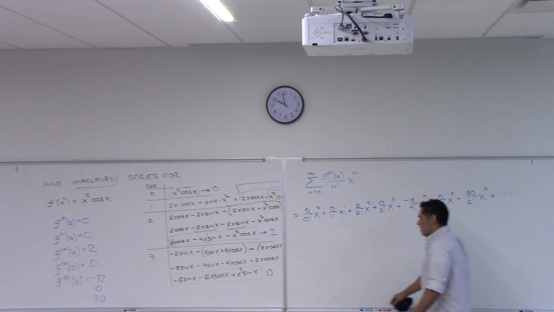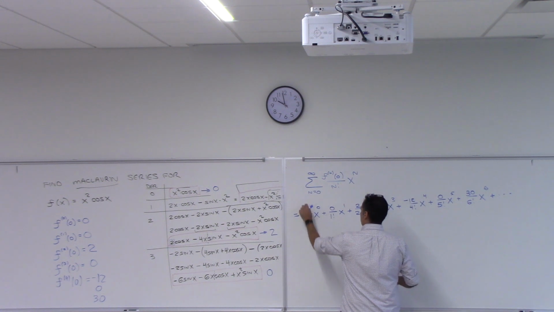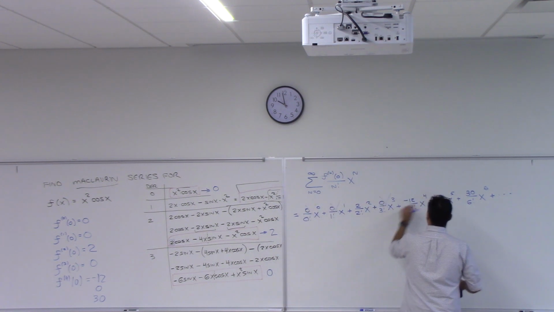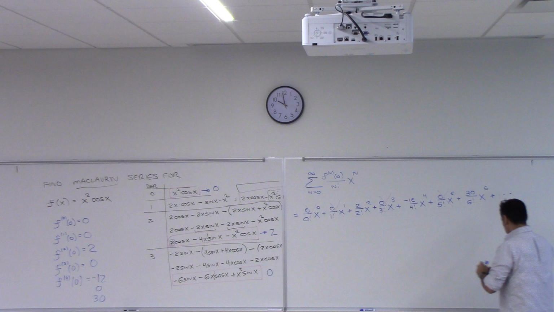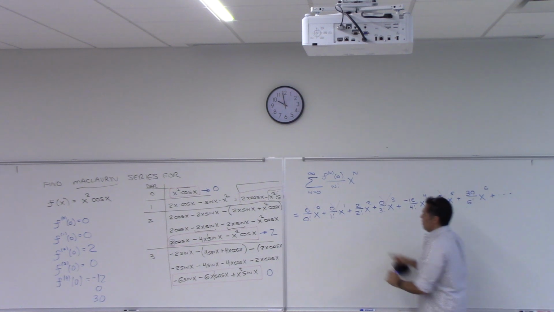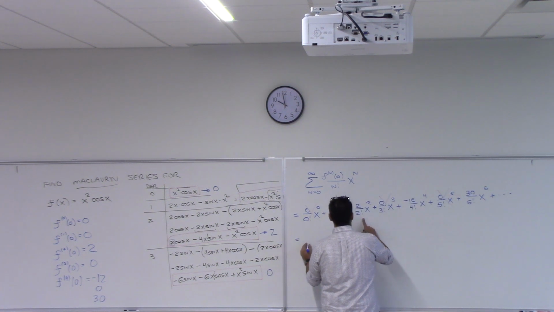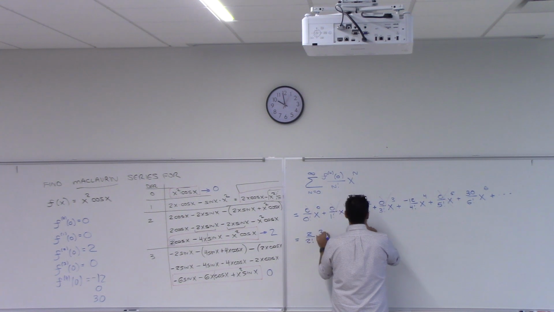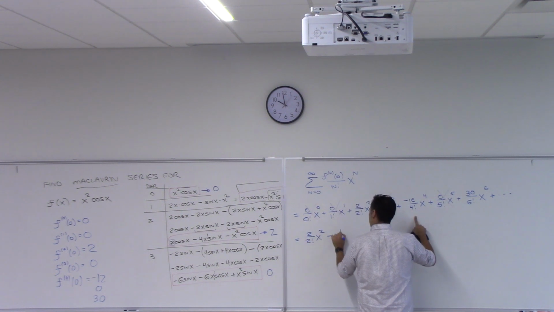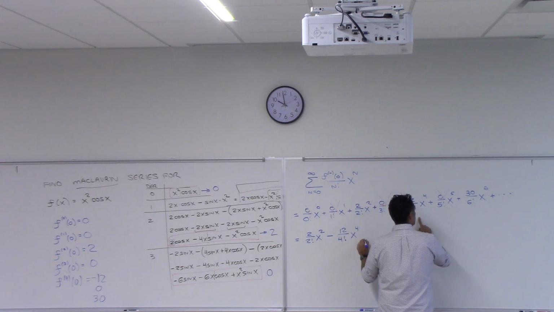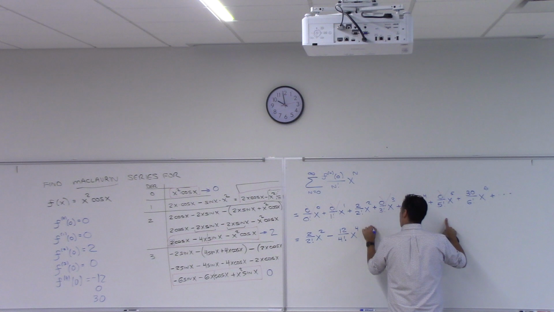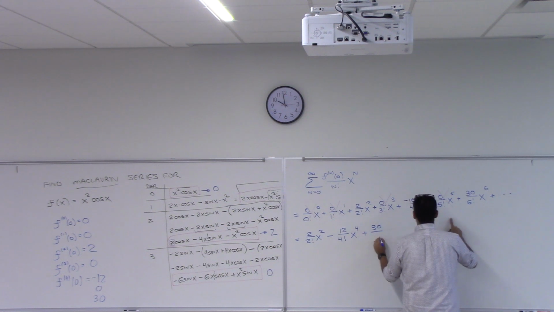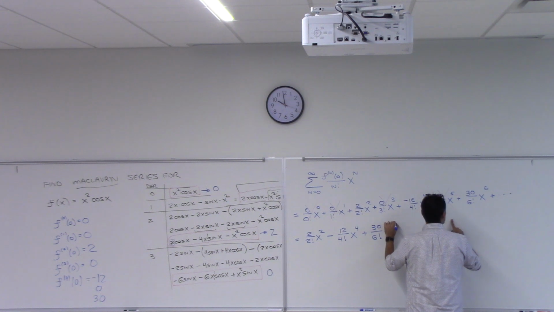Let's kill off everything that's a 0. Gone, gone, gone, gone. I've got 2 over 2 factorial x squared minus 12 over 4 factorial x to the 4th plus 30 over 6 factorial x to the 6th.